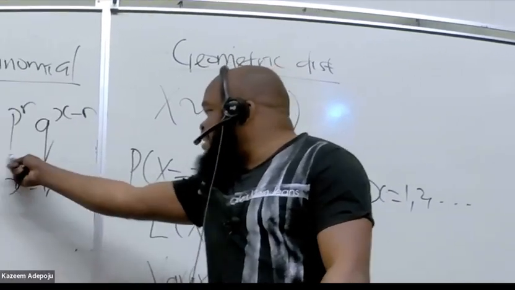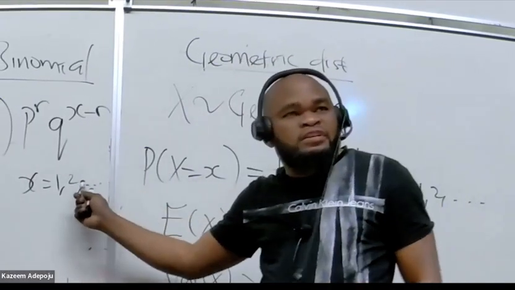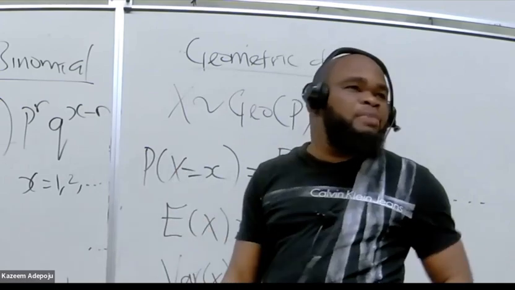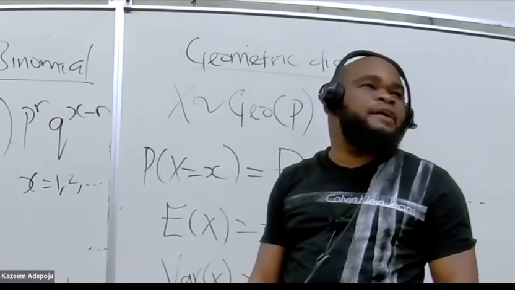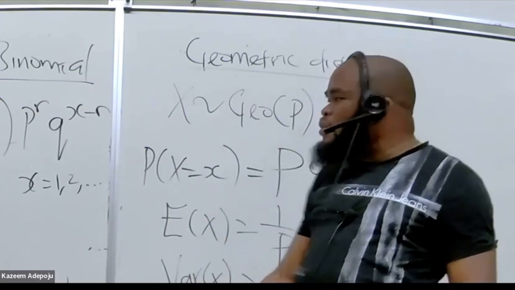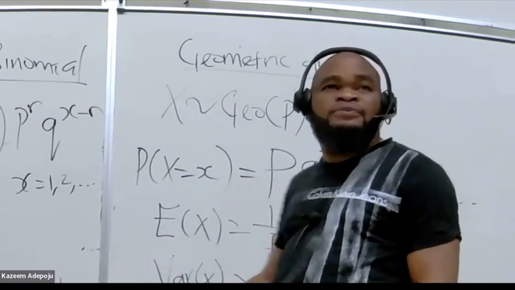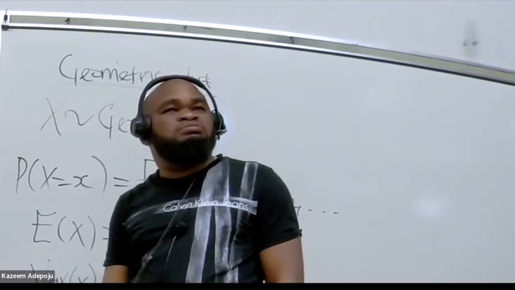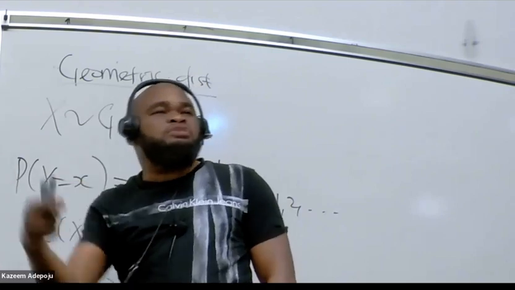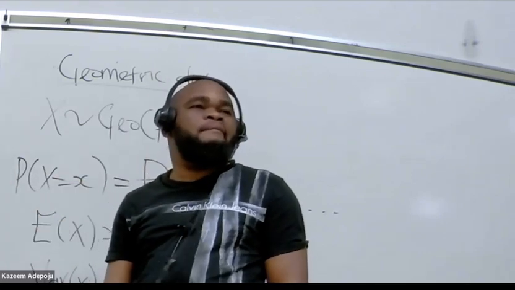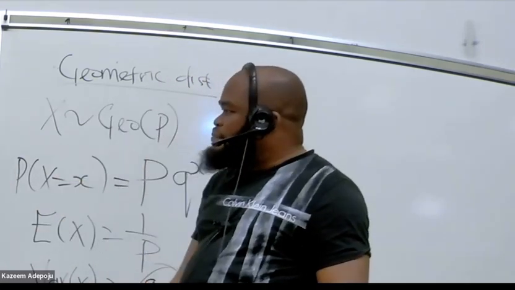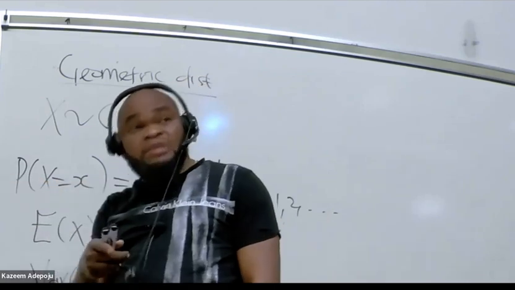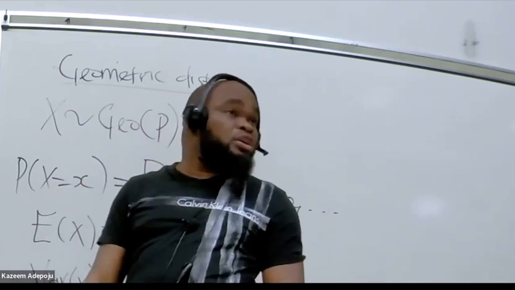You know, x in each case does not represent the number of successes as we have in binomial. The x here represents the number of failures before you record success. But your p still remains the probability of success.